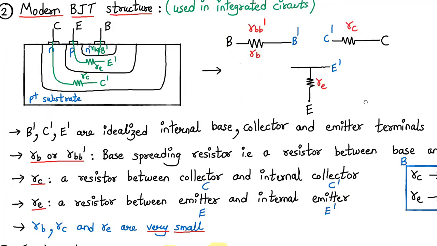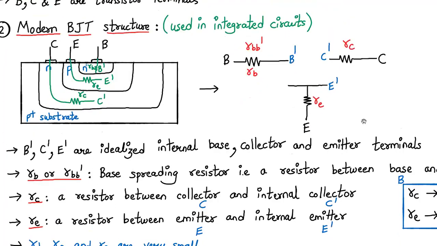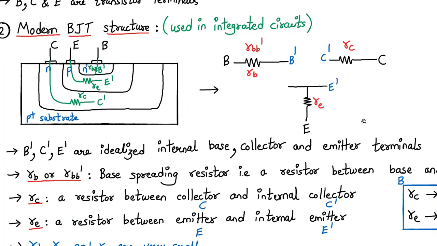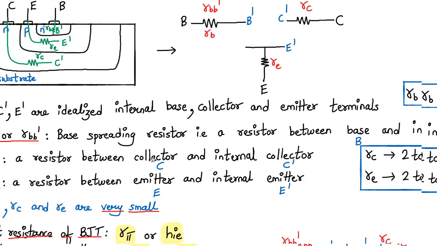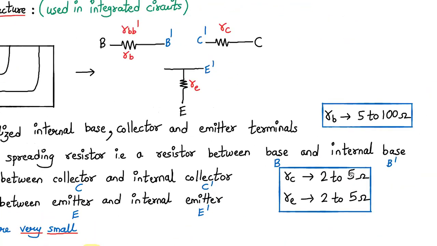They are very small. RC and RE are typically in the range of 2 to 5 ohms, whereas RB, the base spreading resistance, is in the range of 5 to 100 ohms. The values are quite small.